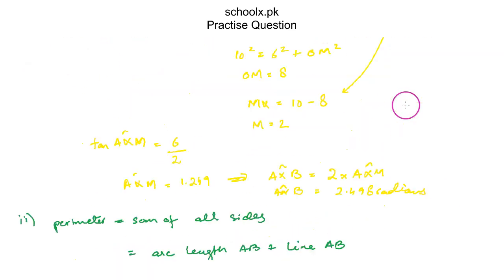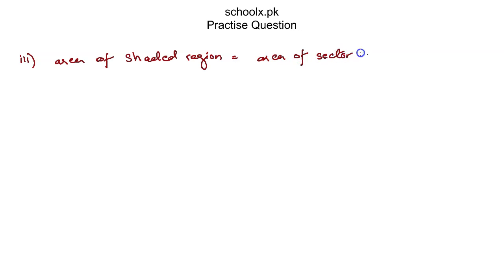Let's make an expression. Third part, area of shaded region is area of sector AXB minus area of triangle AXB.